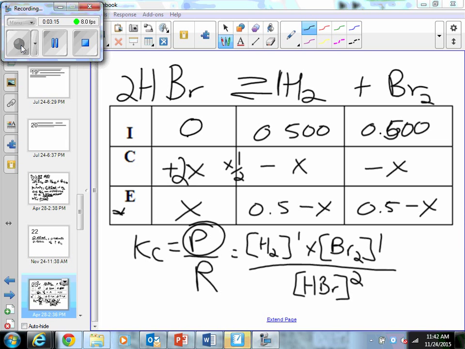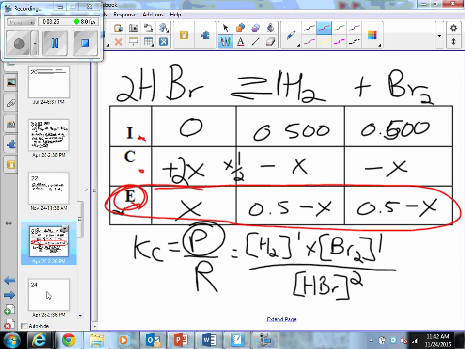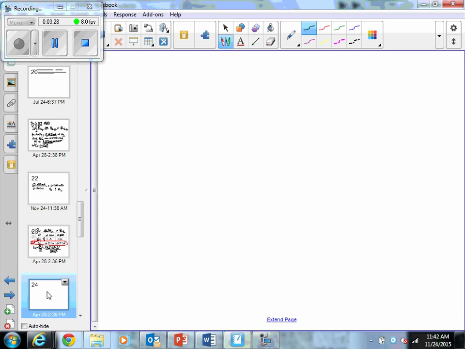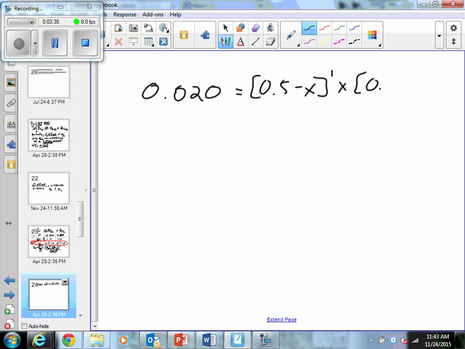Now we can sub in our numbers. Remember that when you're solving for equilibrium, we can only use equilibrium values, not the initial, not the change, only the values at equilibrium. Okay, so I know the value of Kc is 0.020, and this is equal to 0.5 minus X to the power of 1 times 0.5 minus X to the power of 1 over 2X to the power of 2.